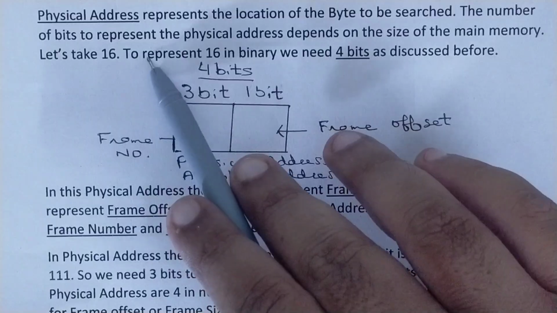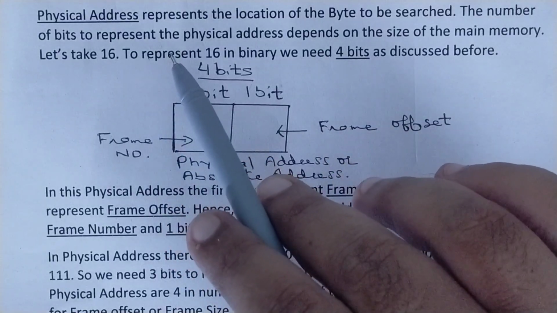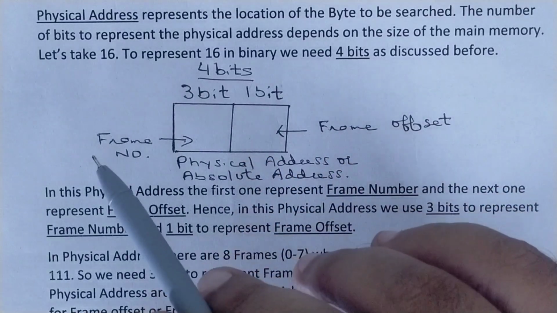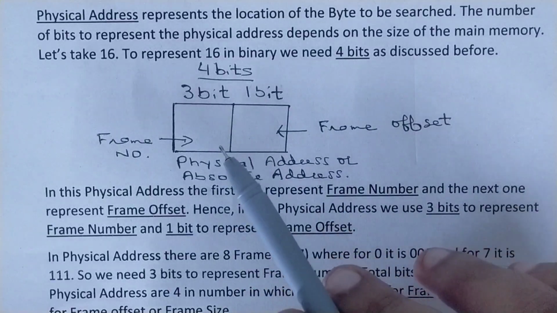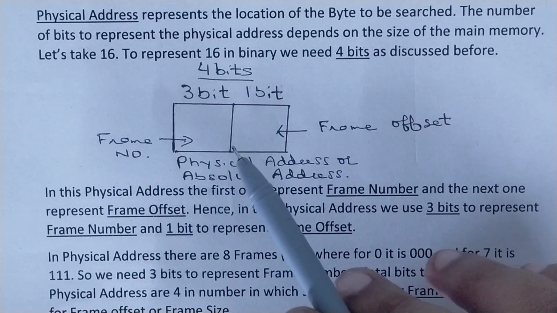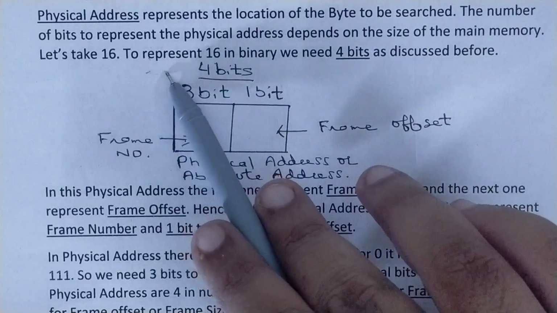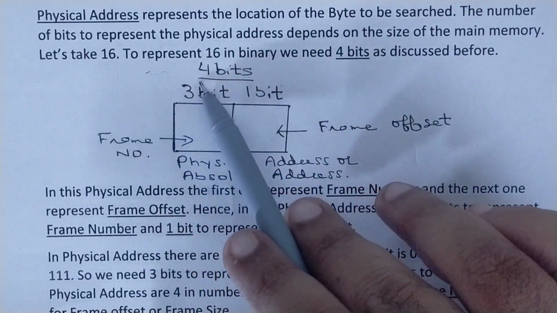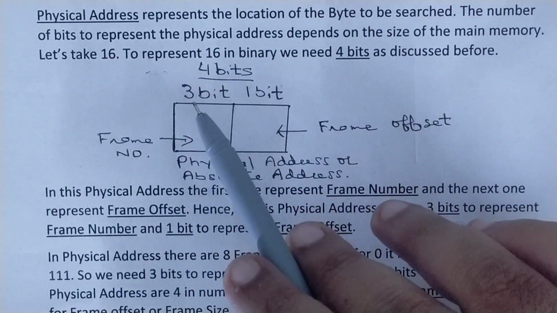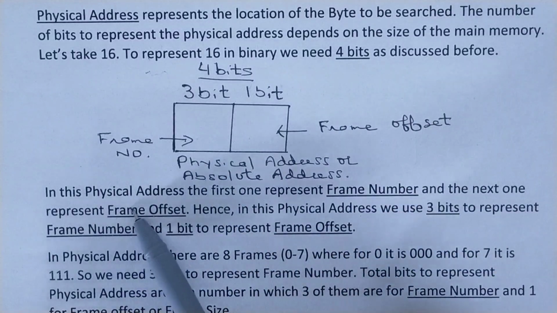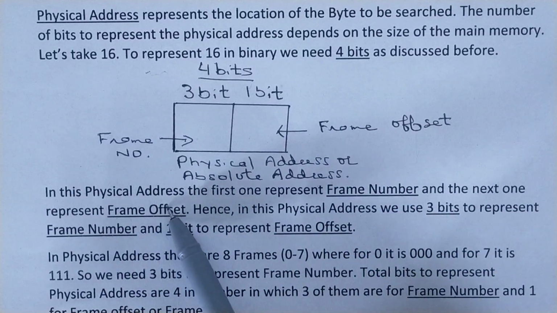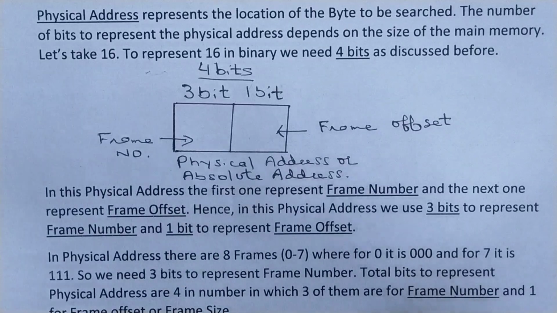Actually the physical address represents the location of the byte to be searched in main memory. The number of bits required to represent the physical address depends on the size of main memory. For example, to represent 16 in binary, we need 4 bits. So in this physical address, the first part represents the frame number and the next part represents the frame offset.